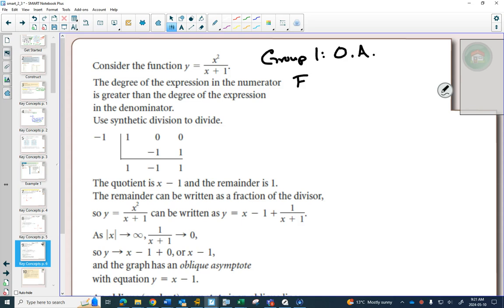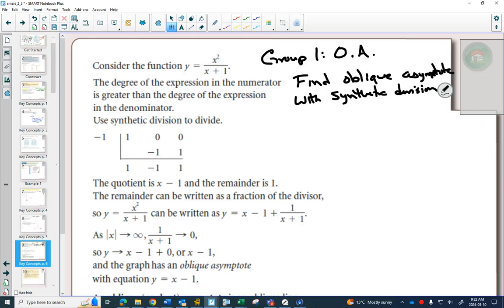Oblique asymptote, and you have to use synthetic division or long division. How does it work? You actually divide x squared by x plus 1. How do I write that out with synthetic division? Well, x squared would be a 1, and then you have to remember the 2 zeros because the x is missing and the constant's missing.